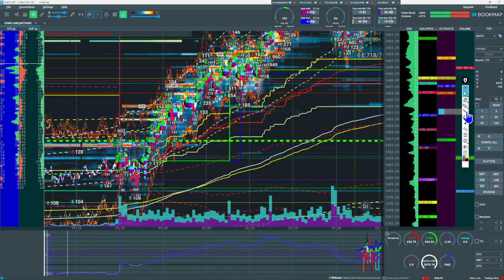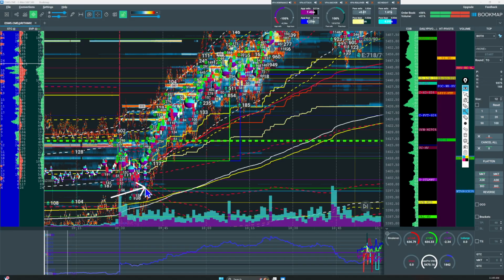All right, so this is the open here. We have buyers. We have selling sweeps, which is indicative of a reversal. When we get selling sweeps, we usually get a counter rotation. So price pushed down. We created the low, or the IB low. And this is something I have to adjust.